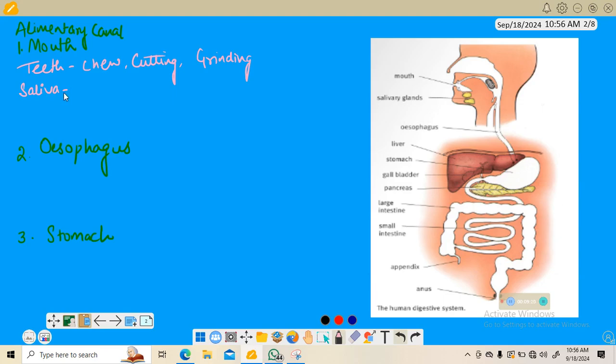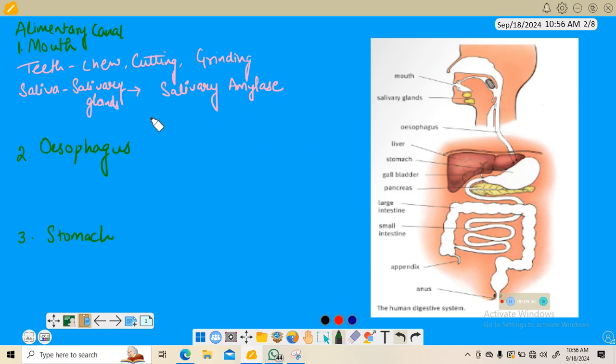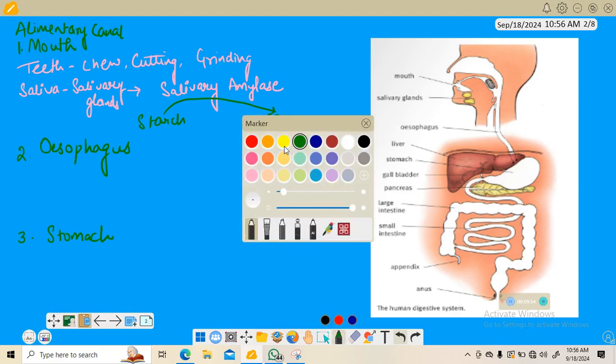Salivary glands secrete an enzyme known as salivary amylase. This enzyme will break down starch into sugar, from a large molecule to a small molecule.